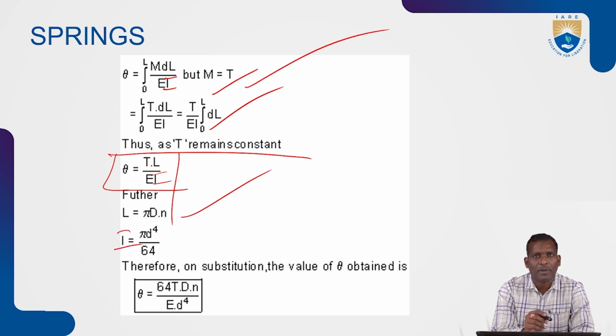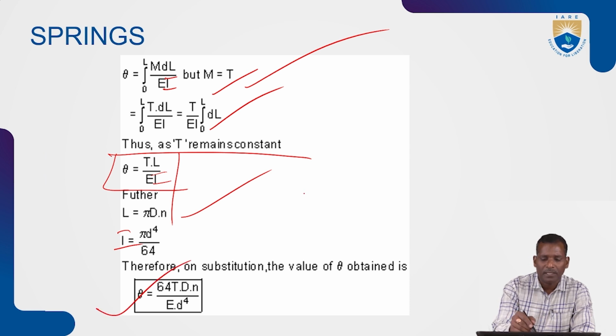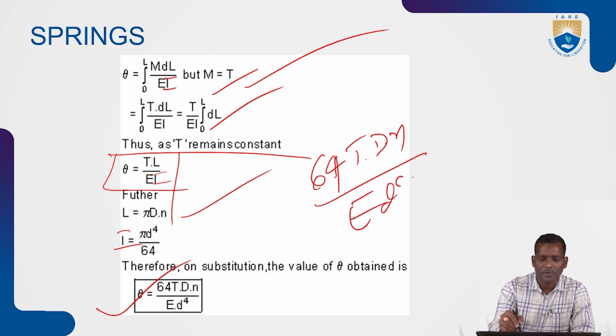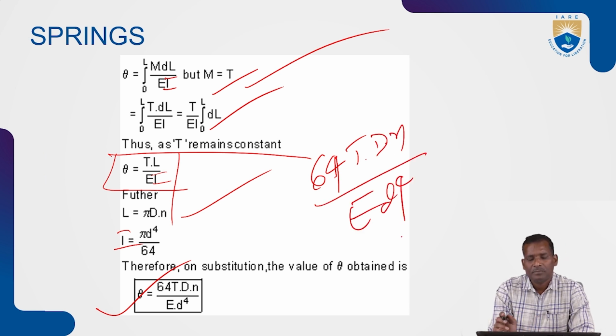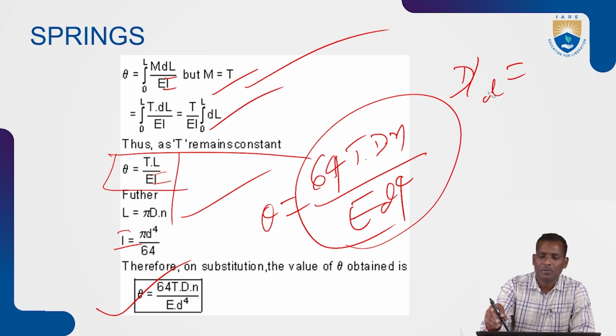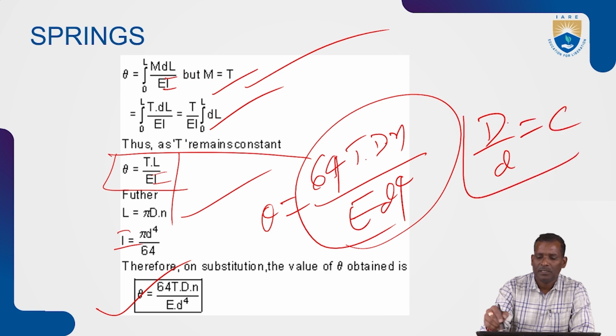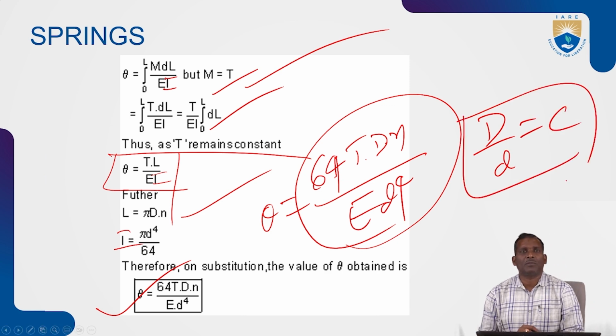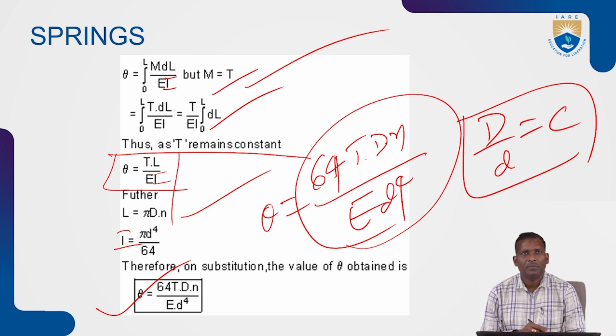Therefore, on substitution, the value of theta finally will be 64 T D n by E d to the power 4. So this is theta. You can write D by d, capital D by small d, equal to C, the spring index, and simplify the theta formula.